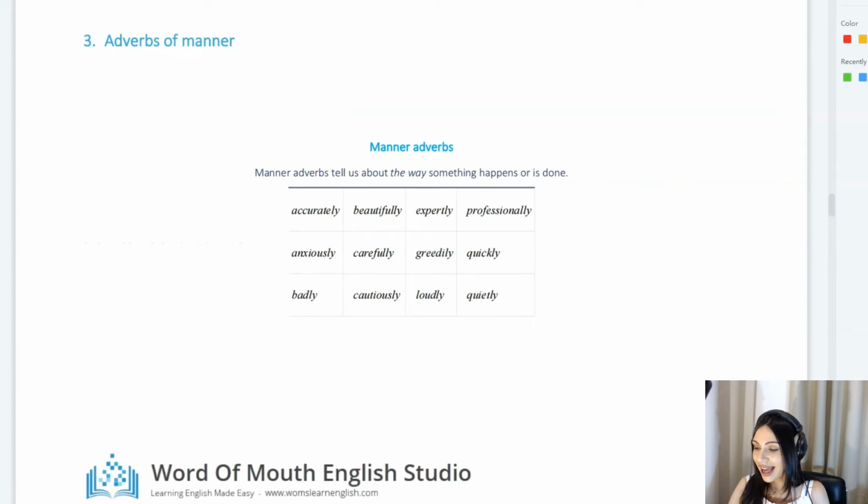Adverbs of manner tell us about the way something happens or the way in which it's done. So this is a different classification of adverb. How did he do it? In other words, describe the way in which the action was done. Did he do it quickly? Did the company spend greedily?